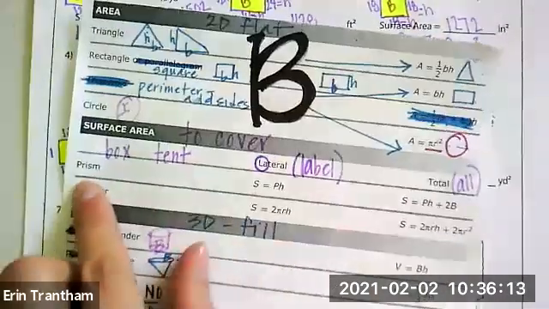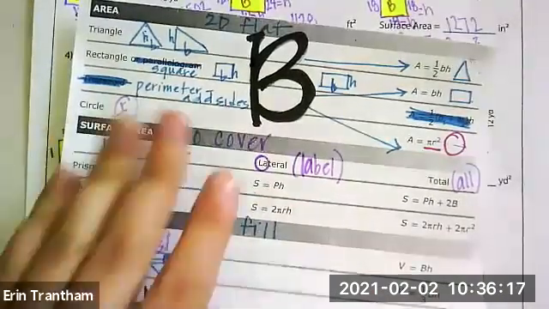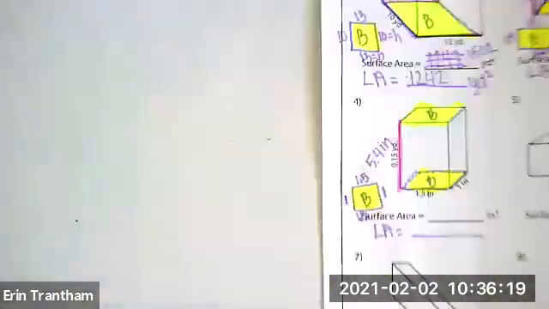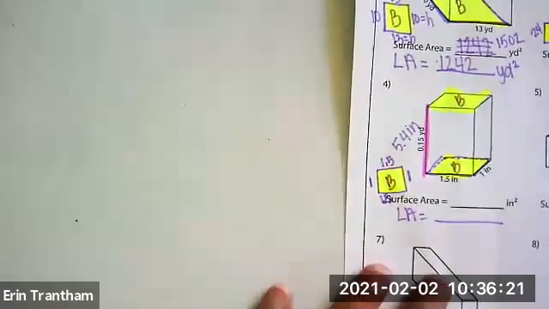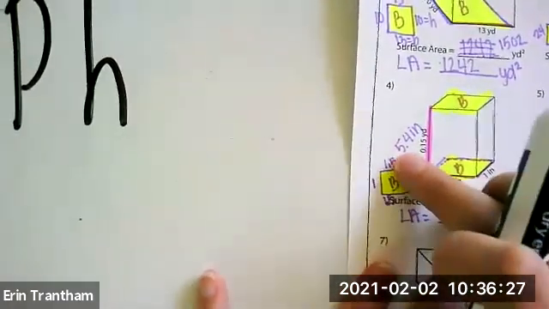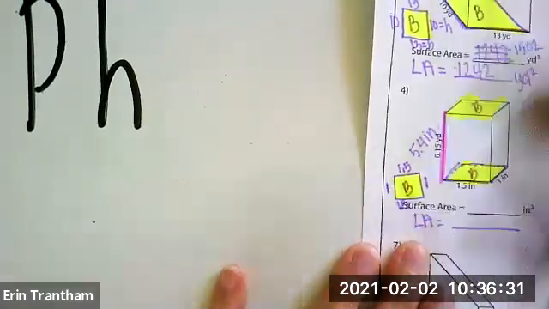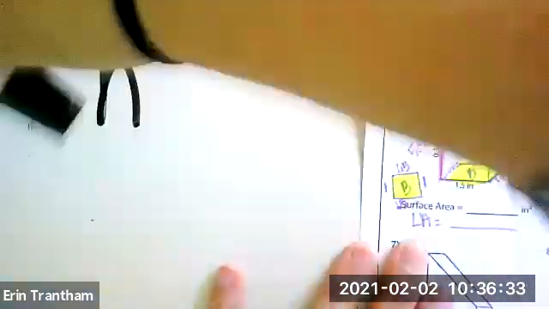For lateral surface area is big P H. What's the perimeter of my base? 1 plus 1 plus 1.5 plus 1.5. 5. Replace your P with 5.